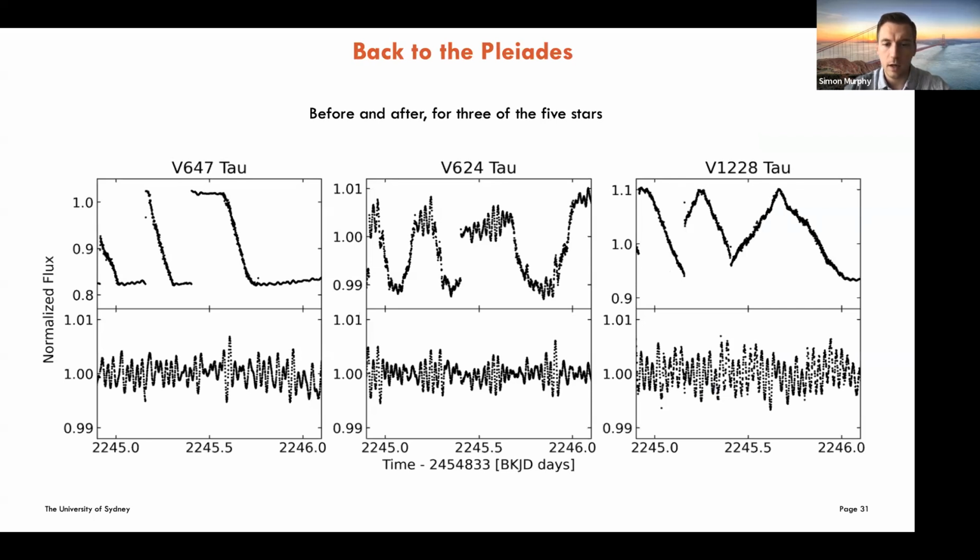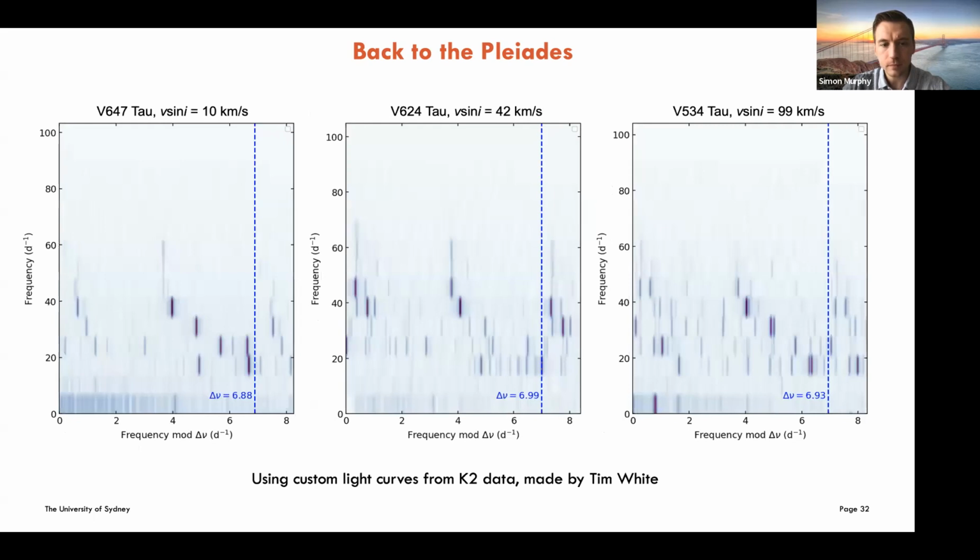But after Tim White did his clever light curve creation, you end up with just the pulsational variability, which are changes of less than 1%. That's the kind of scale of the correction that we're looking at here. So it's easy to see why these data didn't receive much attention before. The light curves were a bit of a pain, but I think Tim did a really good job with them.